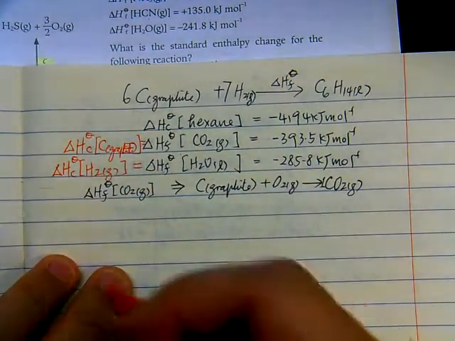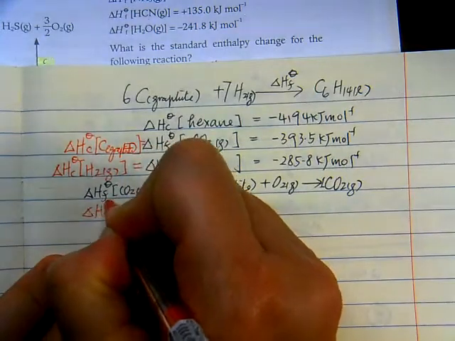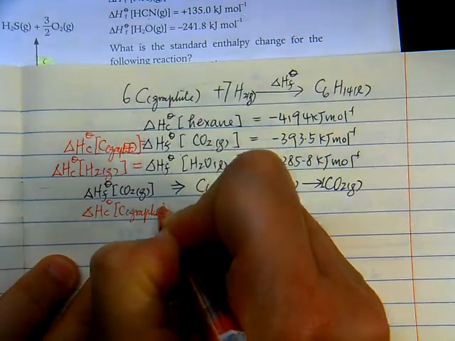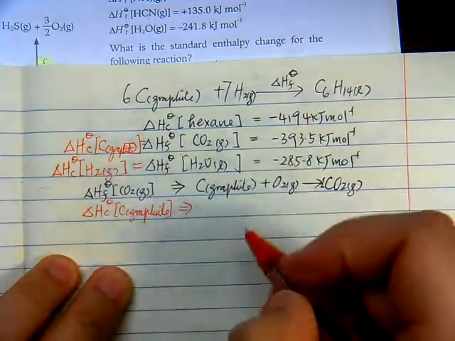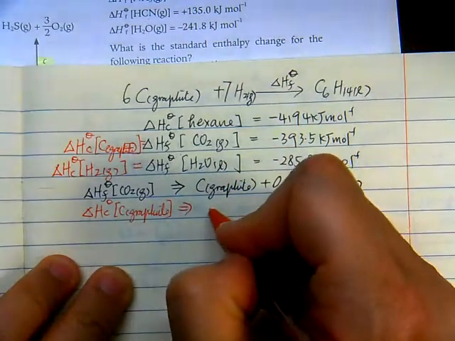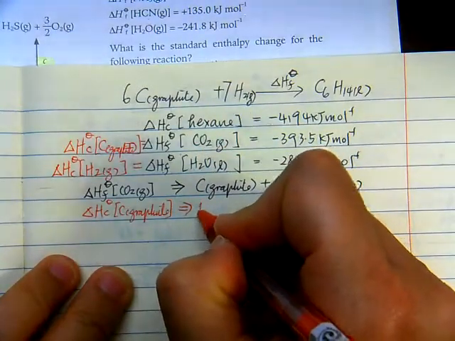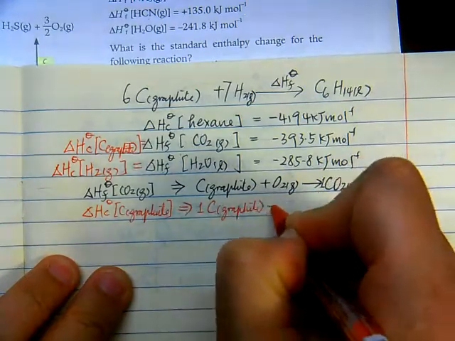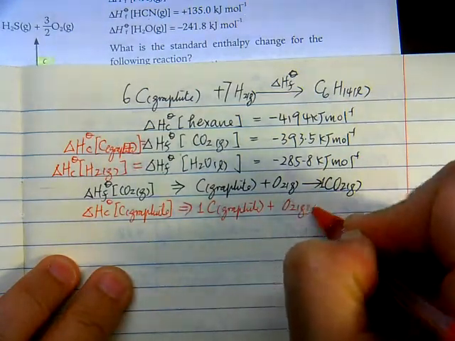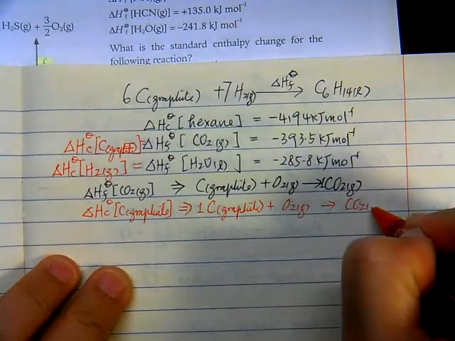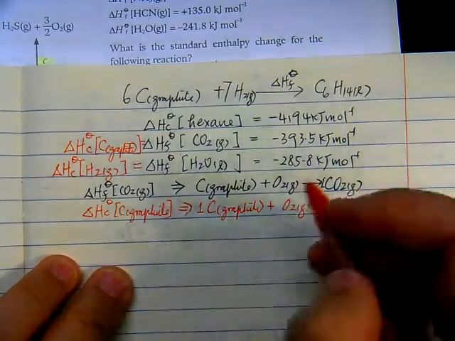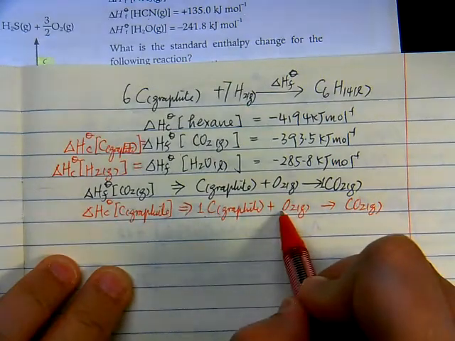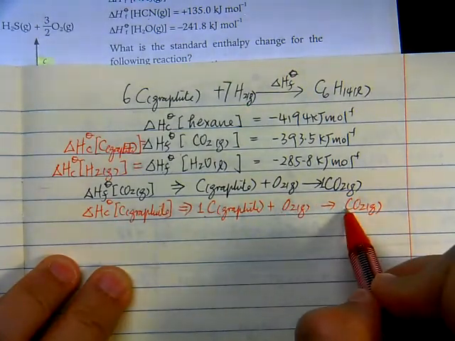How about combustion of graphite? Combustion of graphite refers to the enthalpy change when 1 mole of graphite is completely burnt in oxygen to form carbon dioxide under standard conditions. Again, keep this as 1, then we need 1 O2 and form 1 CO2.